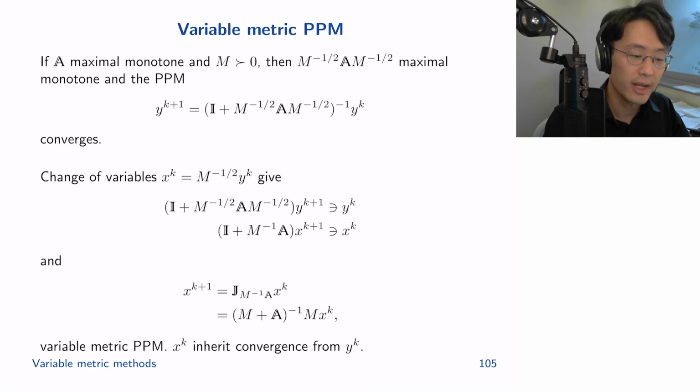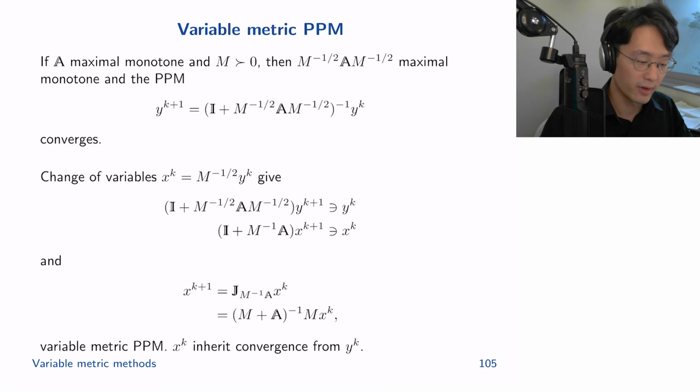Here, to clarify, M^{-1/2} is the matrix square root of the inverse of the matrix M. Because this operator is maximal monotone, we can perform the proximal point method. y_{k+1} is the resolvent, (I + this operator)^{-1}, with respect to this maximal monotone operator applied to y_k. And this proximal point method, of course, converges.